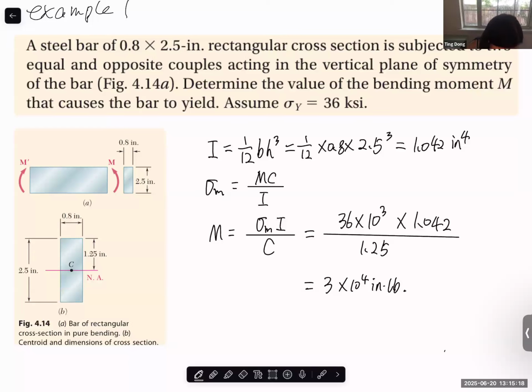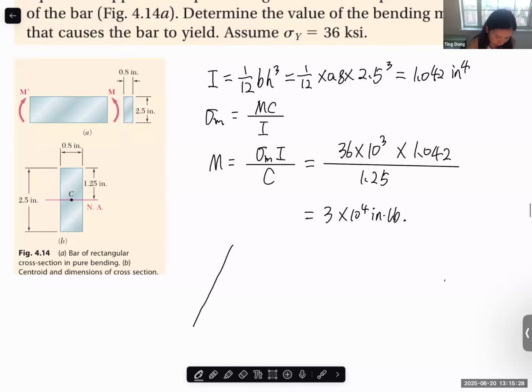What would happen for c if it wasn't a symmetrical cross section, or if it wasn't a rectangular cross section? Good question. Let's say something like this.